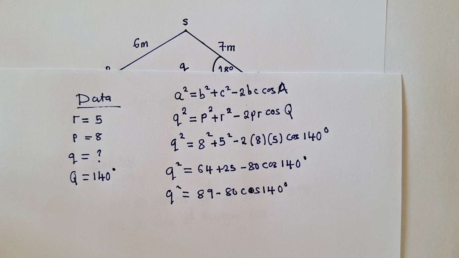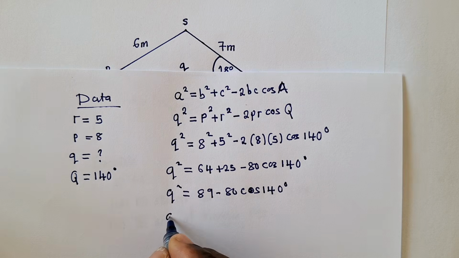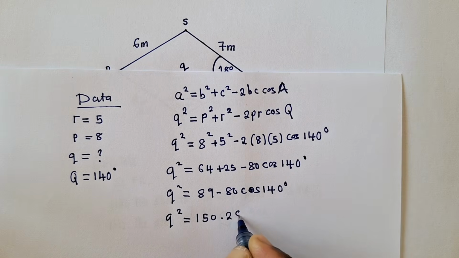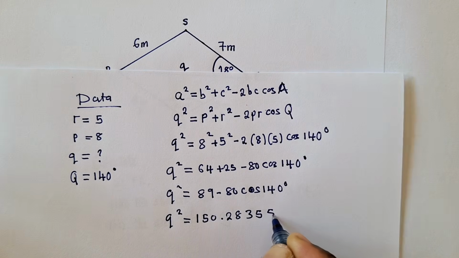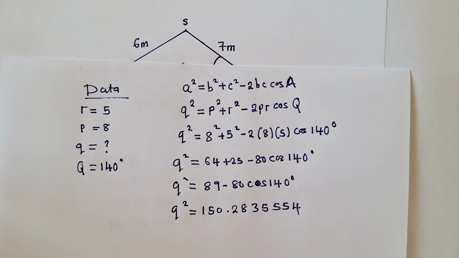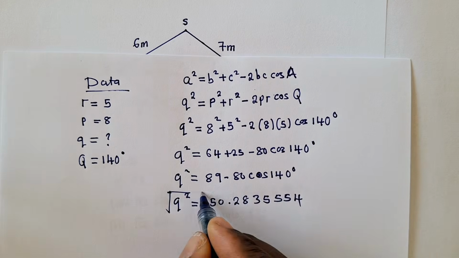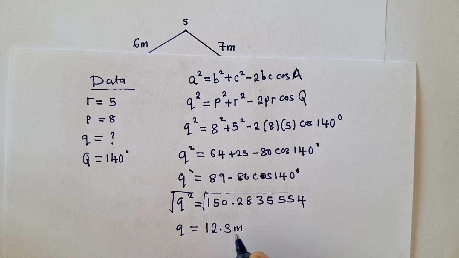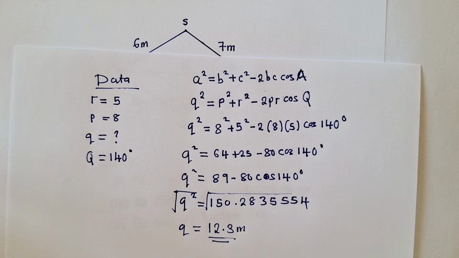And from here, guys, this is where we can get our calculator and say 89 minus 80 cos 140. This, of course, is giving us q power 2 is equal to 150.2835554. Okay? So now to solve for q, we square root both sides. So the value of q is coming out to be equal to 12.3 meters. So this is the answer that we are looking for.